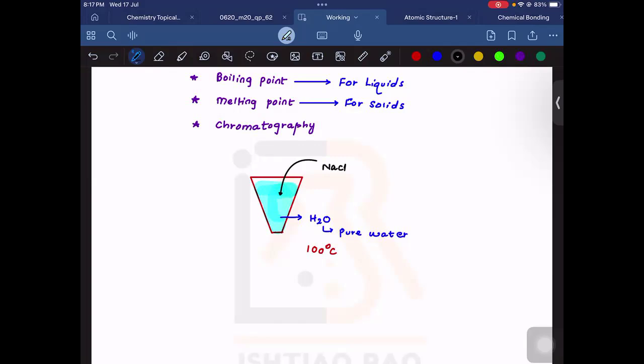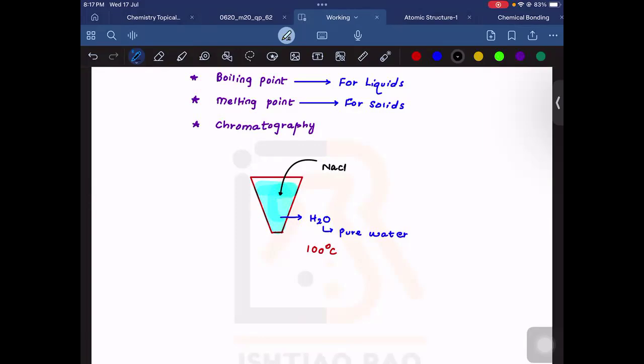So it should be H2O, not any other species, including sodium chloride, glucose, sugar, or different ions. It must not have anything. If the formula is H2O, it means that this is pure.